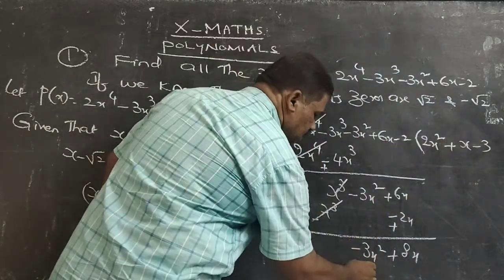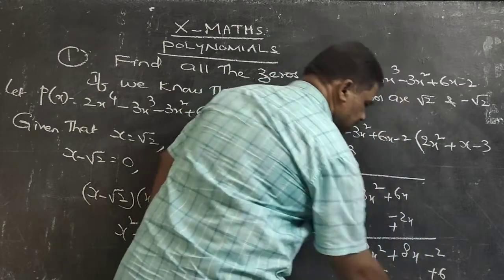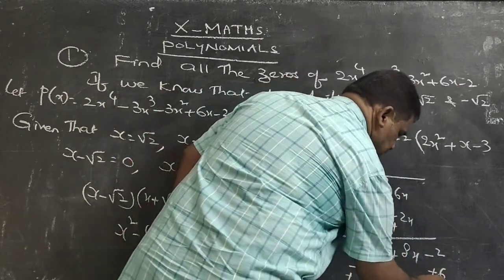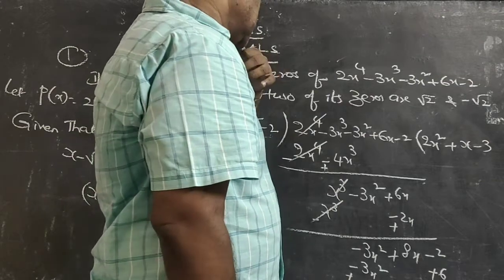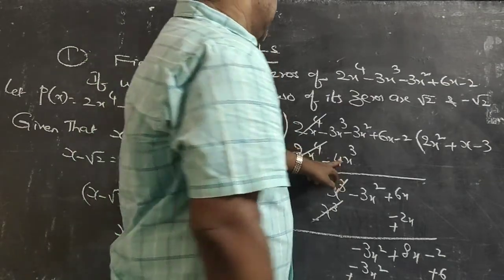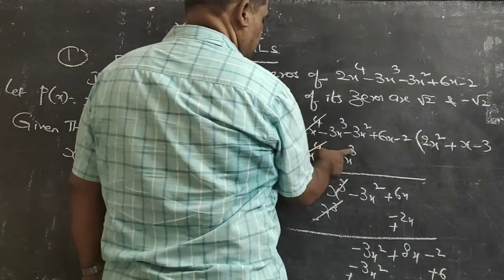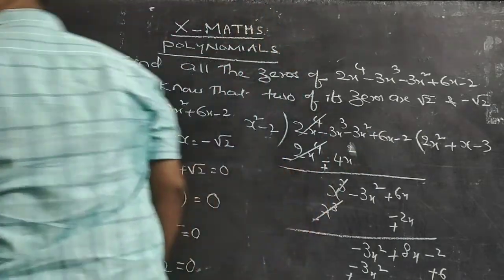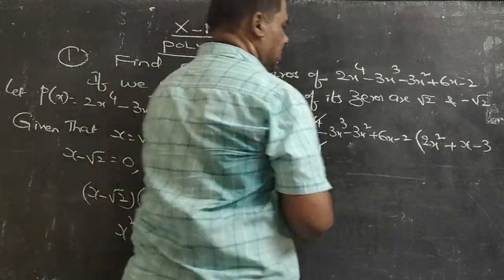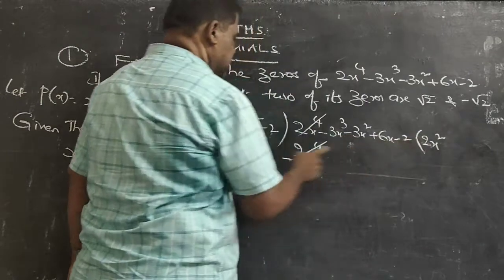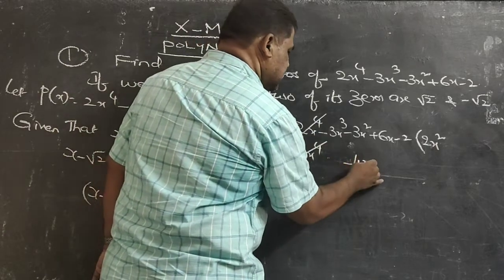So minus 3 into x square is minus 3x square, minus 3 into minus 2 is plus 6. 2x square into x square is 2x to the power 4. 2x square into minus 2 is minus 4x square.